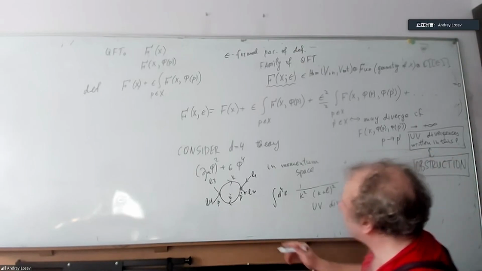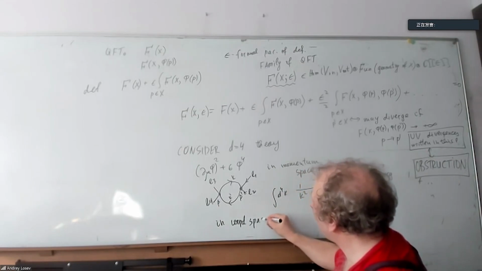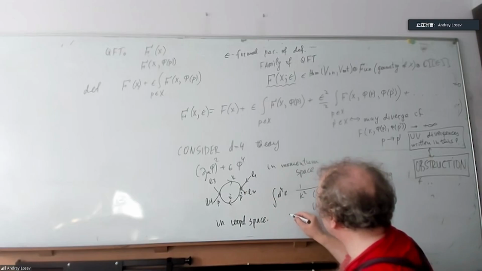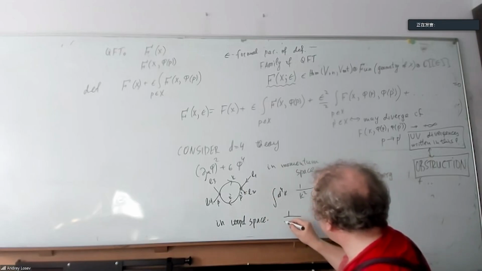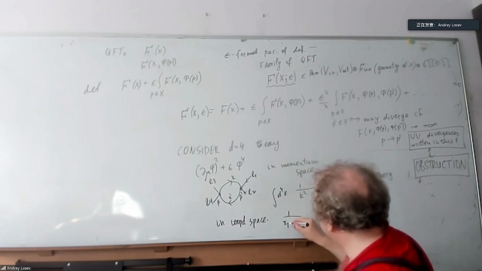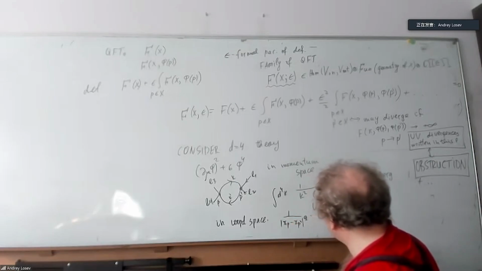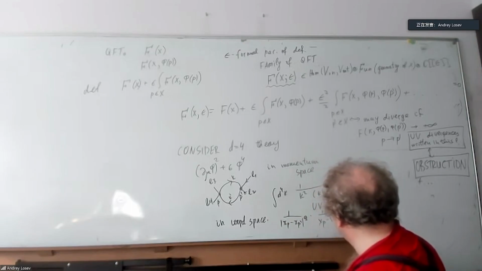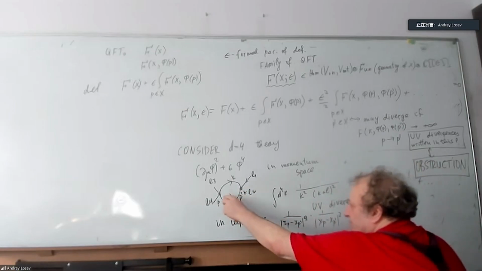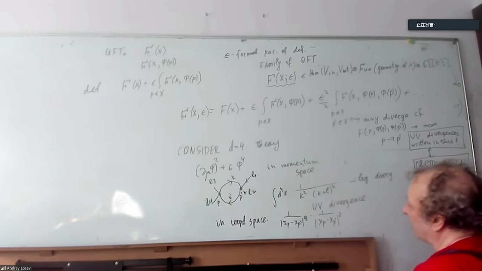At the same time, in coordinate space, this diagram corresponds to one over XP minus XP prime to the power 4 squared, and another XP minus XP prime to the power squared, because these Green functions correspond to such kernels.